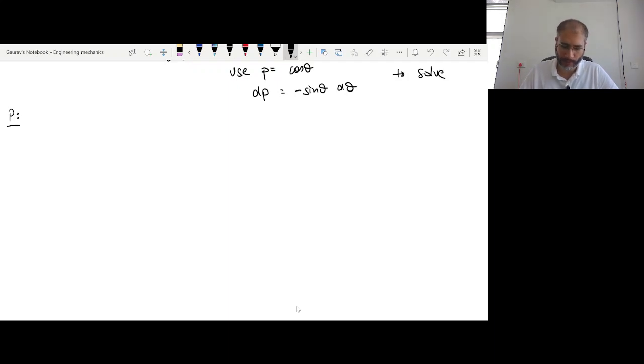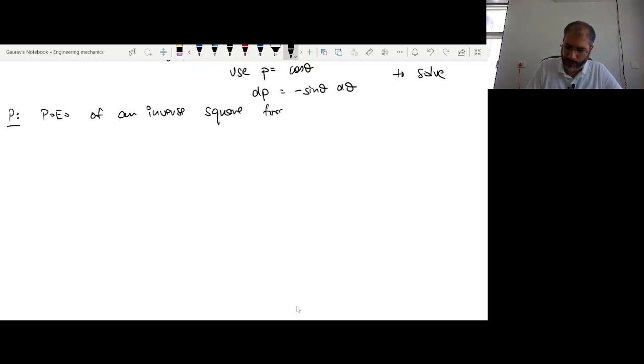So let's solve a problem related to that. So potential energy of an inverse square force, which is a special type of central force.